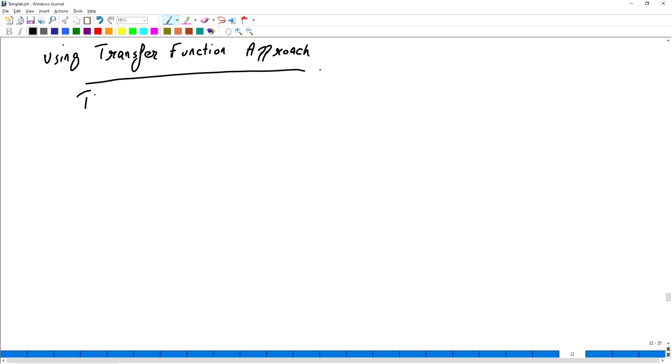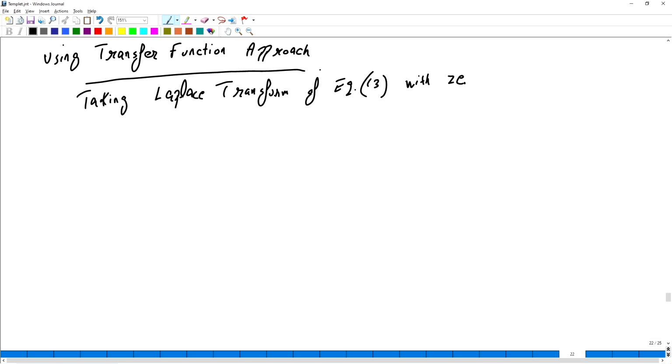Now again taking the Laplace transform of equation number 13 with 0 initial conditions.